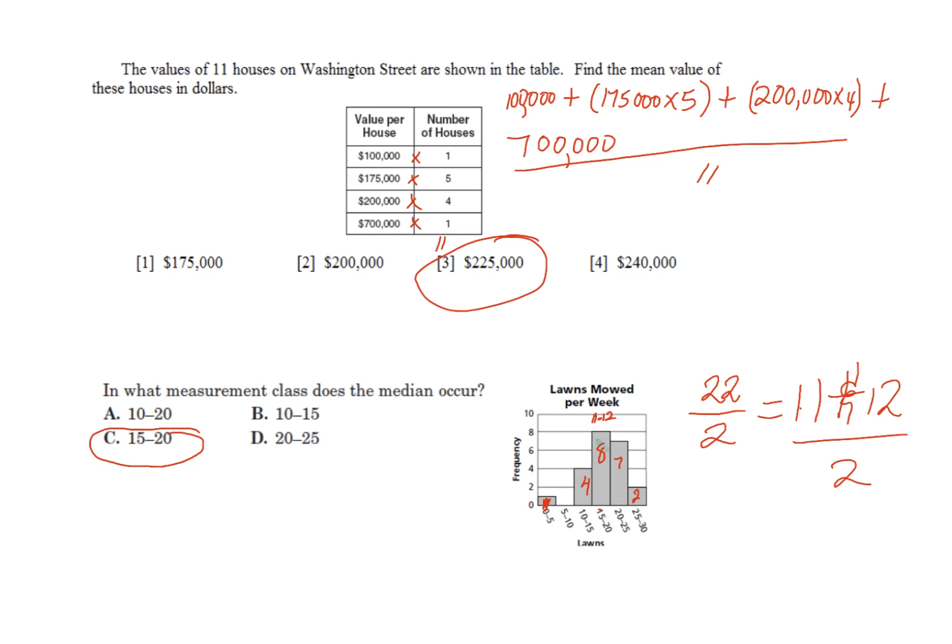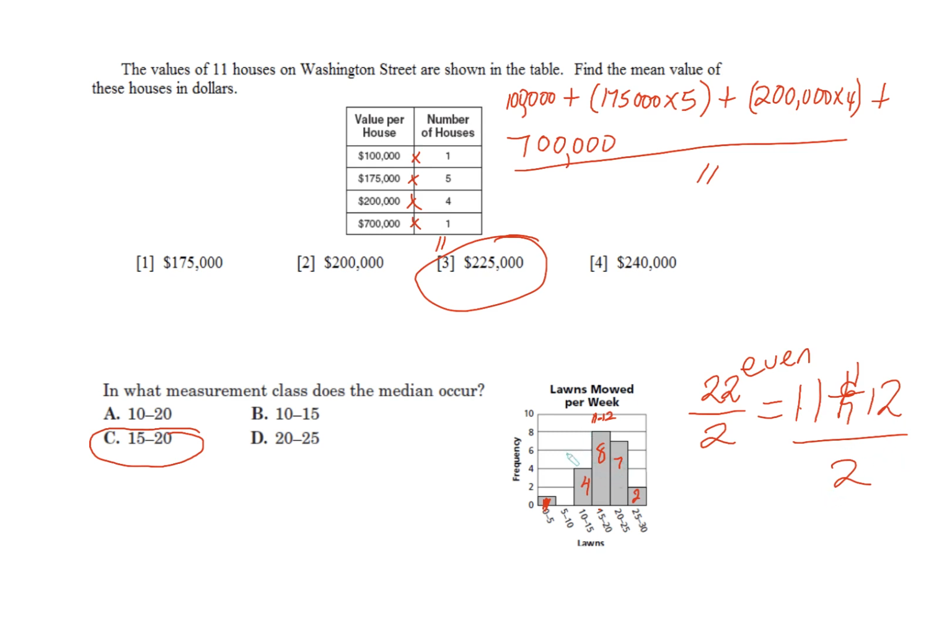Because you can't actually line up your data points and pick the median, we're going to be choosing from the range. And because there were a total of 22 measurements, I divided it by 2 and I got 11. And because this was even, I would have to add the 11th and the 12th data point and divide it by 2.